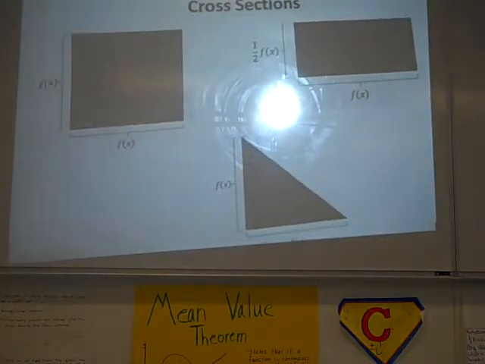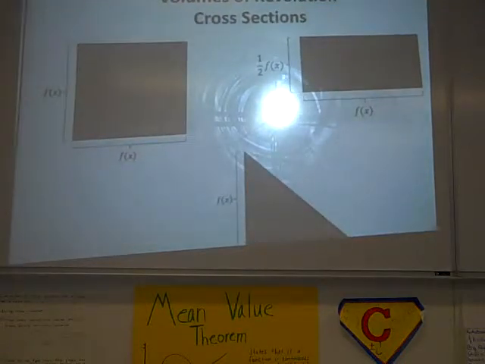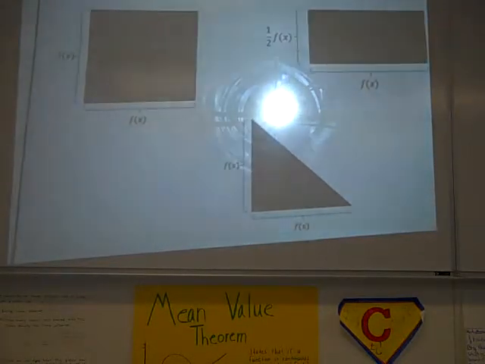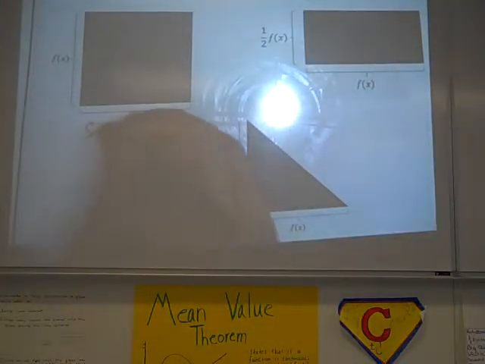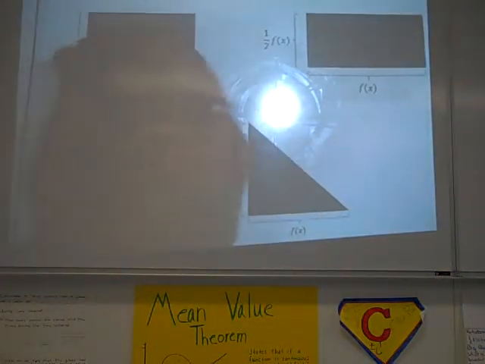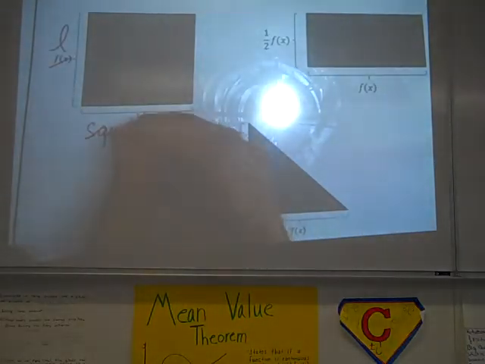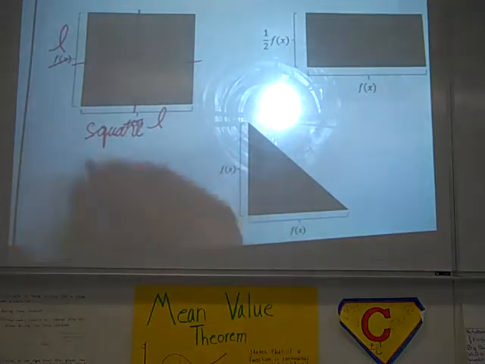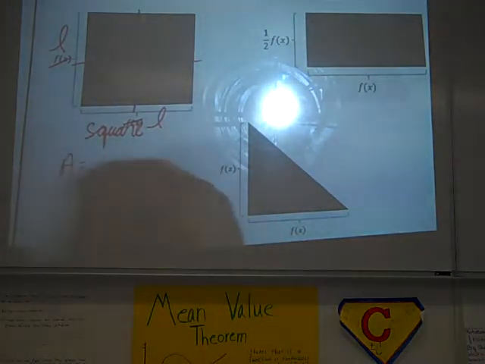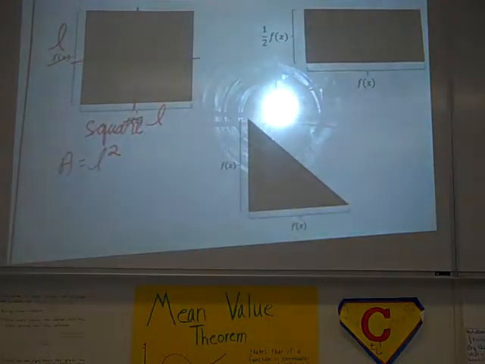And so before we can really do much with the calculus, it is essential that we understand area formulas. So my first example over here, this is a square. And the length of the square, I'm just going to call L. Since it's a square, all four sides have length L. The area of this square will just be L squared.